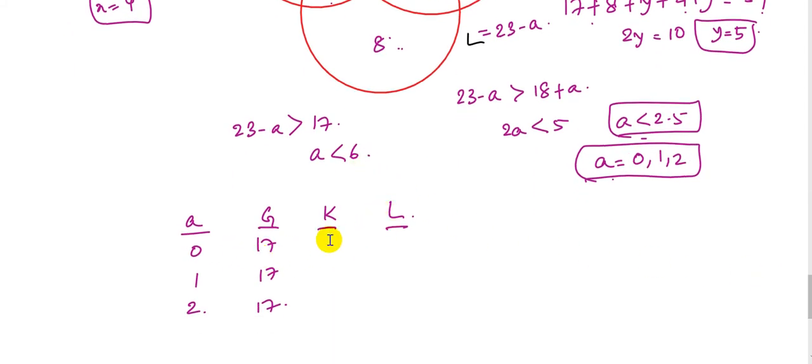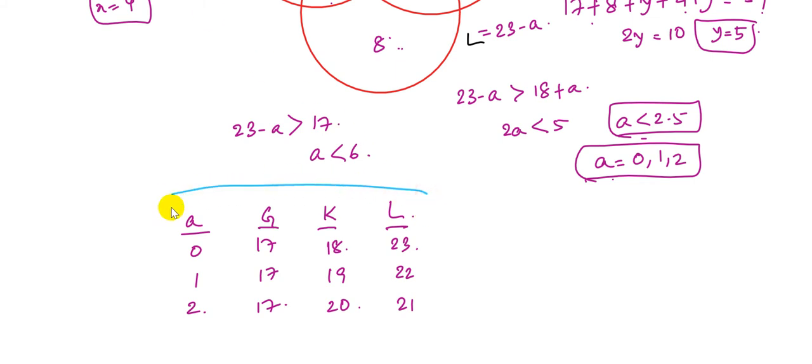So if it is 0, then k remains 18, and if it is 1, then 18 plus 1 is 19, this is 20, and L is 23 minus a. So if a is 0, then this is 23, if this is 1, this is 22, if this is 2, this is 21. So these are the only three sets of values that are possible.